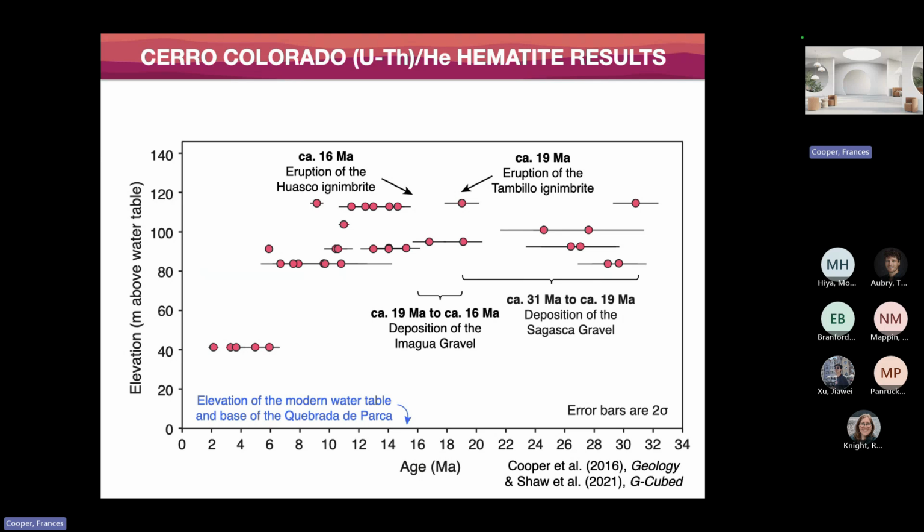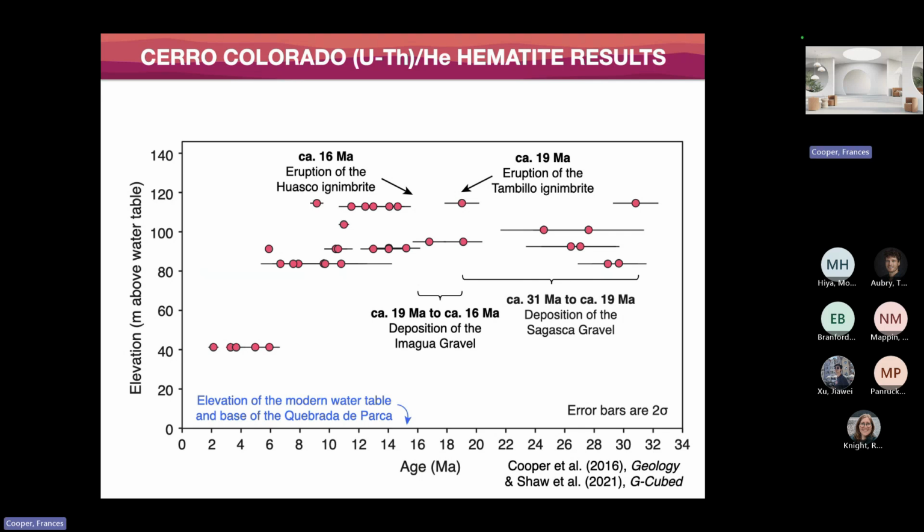For a really prolonged period of time, there's obviously a spread, but the hematite is all being precipitated at roughly the same elevation. We're not seeing any real variation, suggesting that we probably had a fairly stable water table for a very prolonged period of time, and we were just precipitating hematite in that zone.